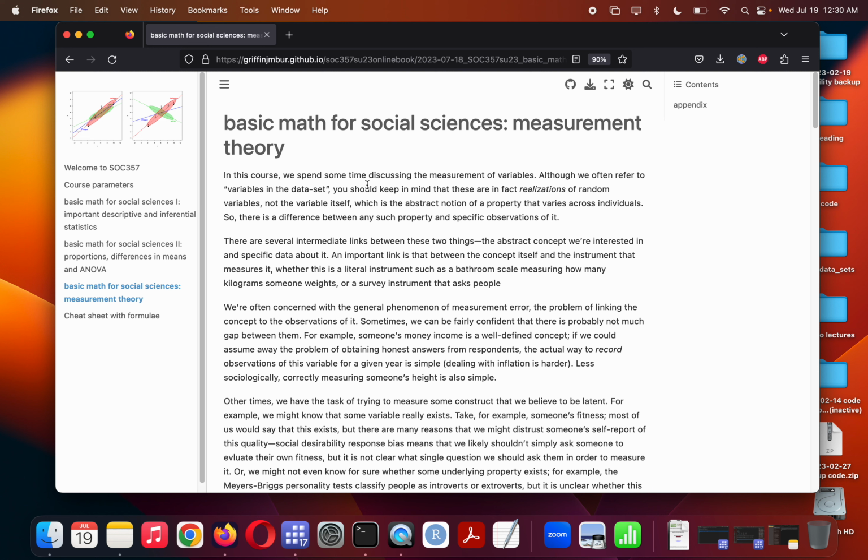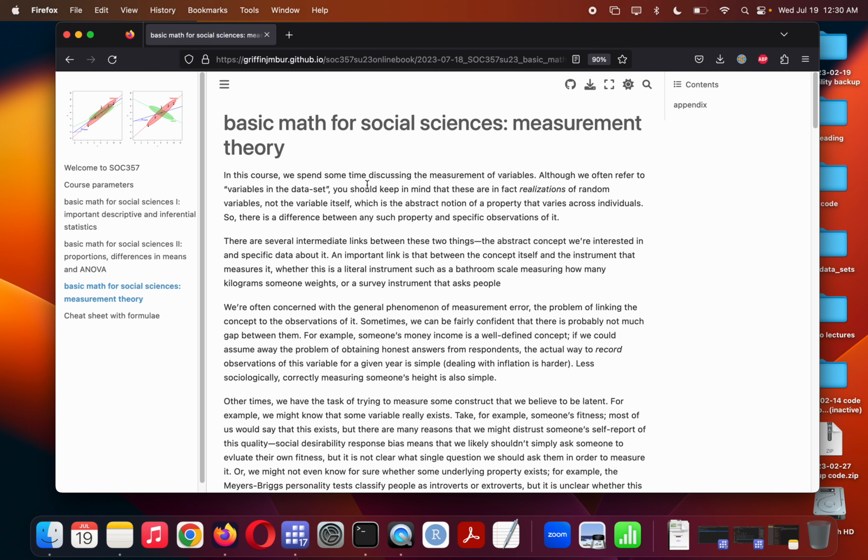Indeed, it's not really an observable thing. It's not even, in some sense, unobservable in the same way that a true population mean in some sense could be observed, but it simply isn't in practice. A variable itself is more like a concept that the term observe just doesn't really make sense for.